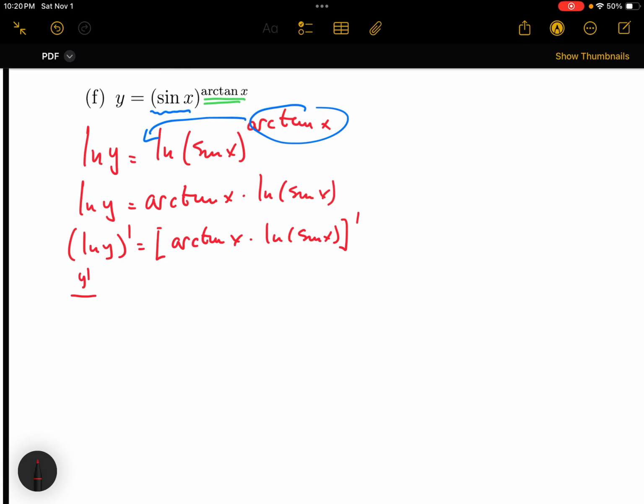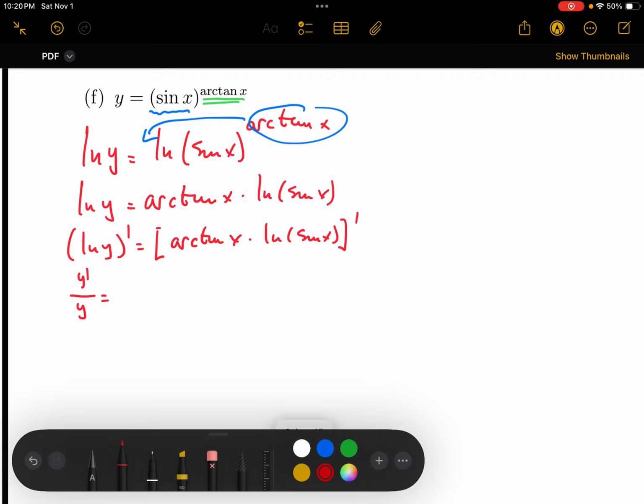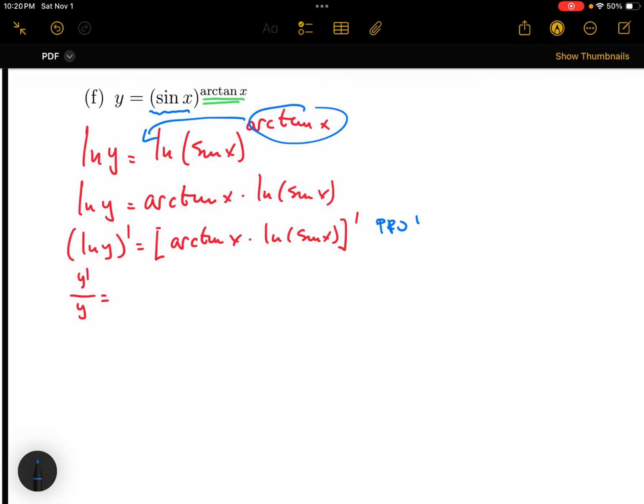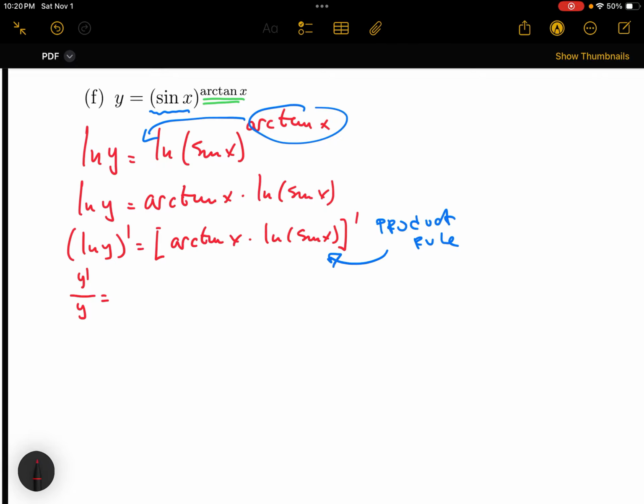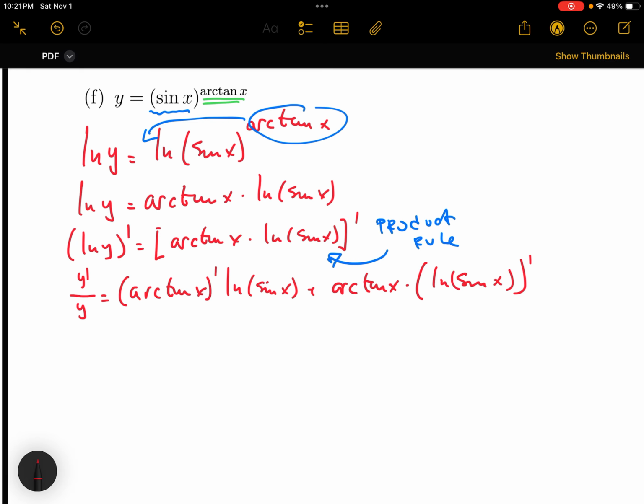Derivative of ln of y is y prime over y is equal to, here as we have said in class, expect to use the product rule. Okay, so I have derivative of arctan times ln of sine of x plus arctangent of x times the derivative of ln of sine of x.